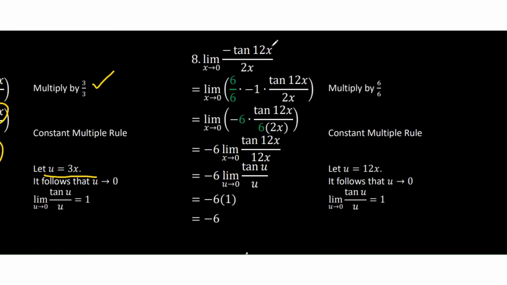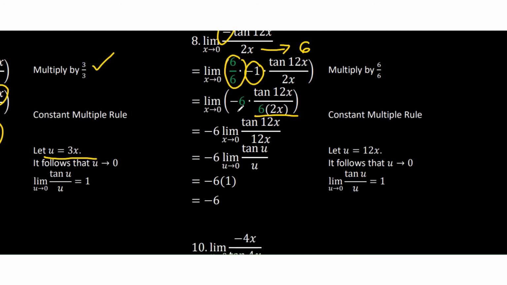Now, negative tangent 12x over 2x. Negative, so that is negative 1. But 2x needs 6 to have 12x. That is the reason why we have 6 over 6 here. Now, share 6 on the denominator to have 12x. And multiply all constants and separate them.